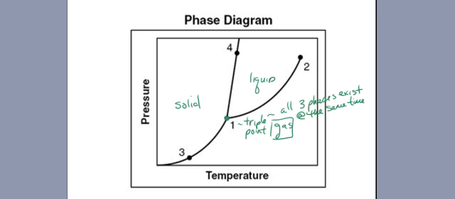You can have the solid, the liquid, and the gaseous phase all sitting in equilibrium and not changing back and forth. The only time you're going to have some changes is when there's a change in energy. So that's an important point, the triple point.